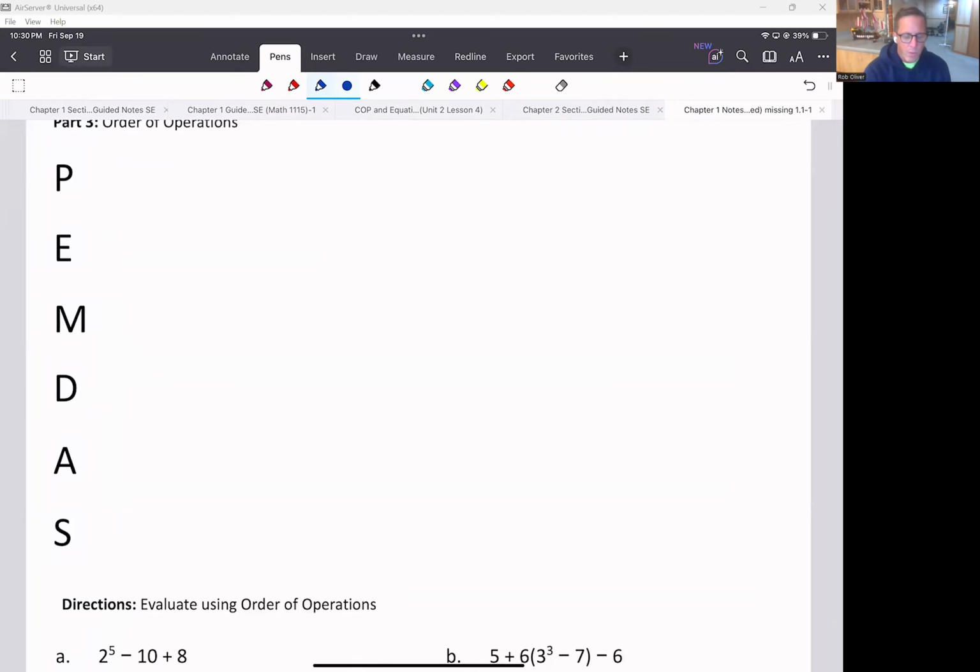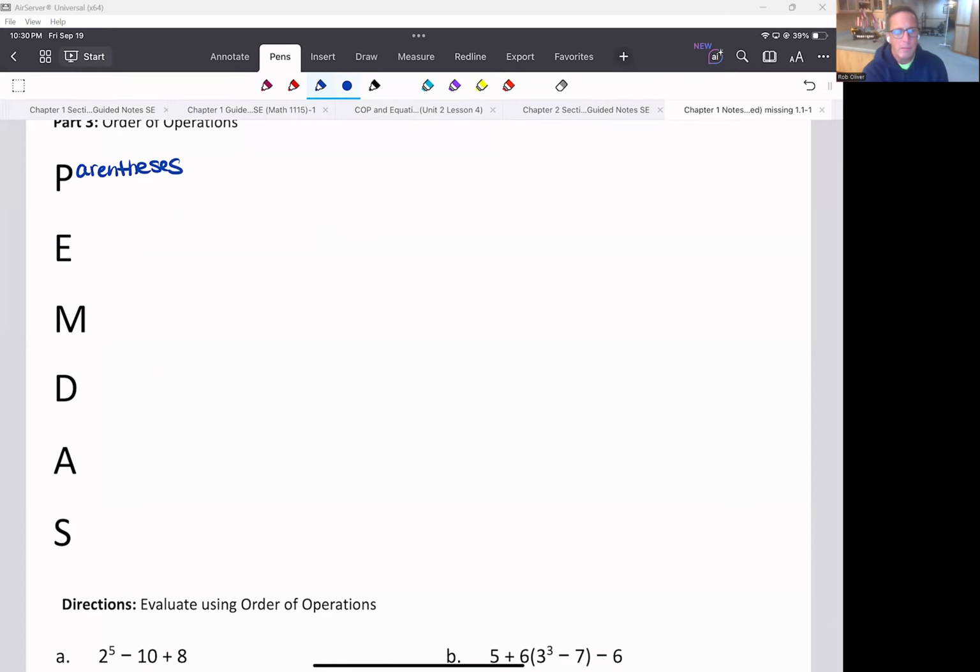Now the P stands for parentheses. In the order of operations, you want to do anything in parentheses first. However, I want to make sure this is said. Sometimes this PEMDAS acronym gets a little bit of pushback because it's not always the most accurate.